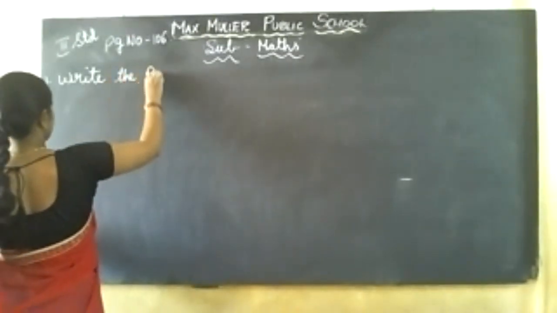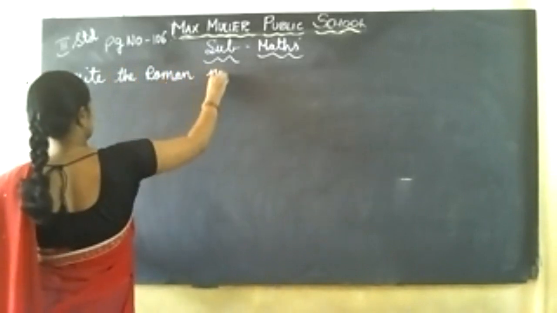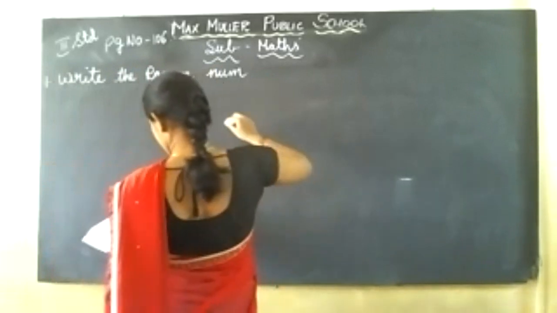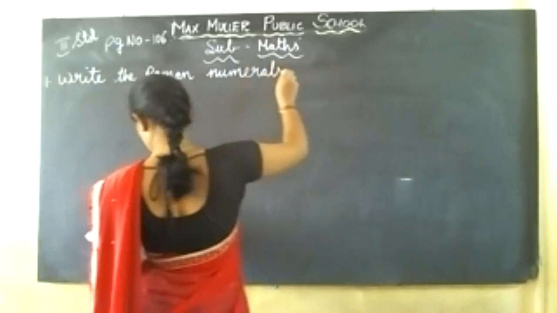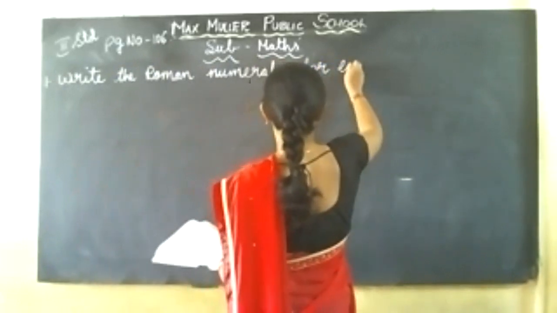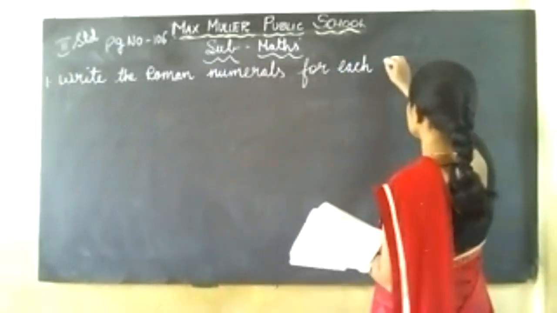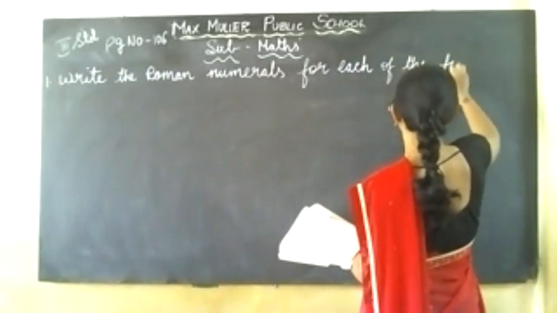Next, first main, write the Roman numerals for each of the following.